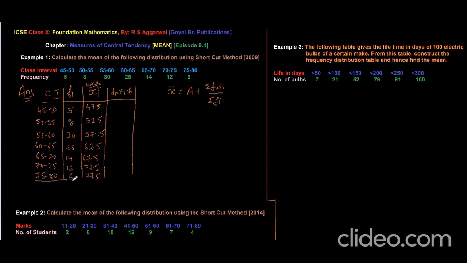We have to add the frequencies, so we get the total number of frequencies. So here I am writing sigma fi. If we add 5 plus 8, 8 plus 30, 30 plus 25, 25 plus 14, 14 plus 12, 12 plus 6, you get equal to 100.